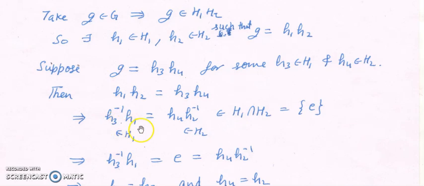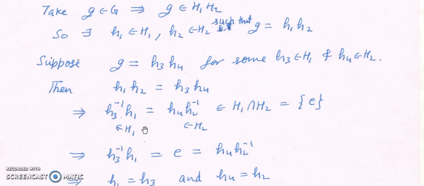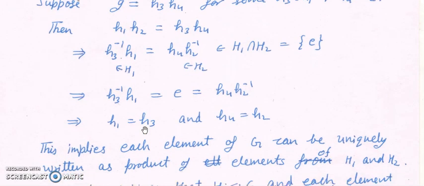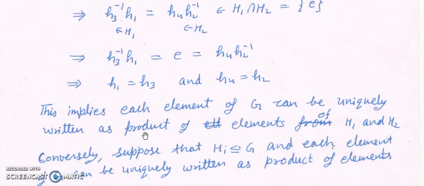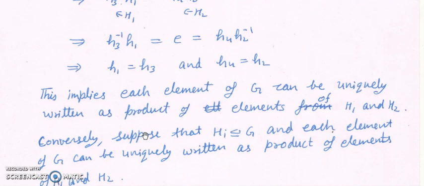So h3 inverse h1 is equal to h4h2 inverse, but this element belongs to H1 and this element belongs to H2. So both the elements are in H1 intersection H2, and H1 intersection H2 is identity. So this is identity and this is identity. So h1 is equal to h3 and h4 is equal to h2. This implies each element of G can be uniquely written as a product of elements of H1 and H2.